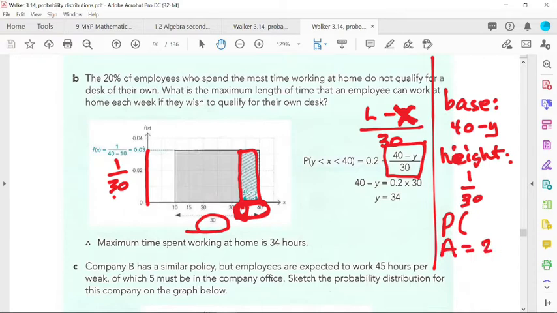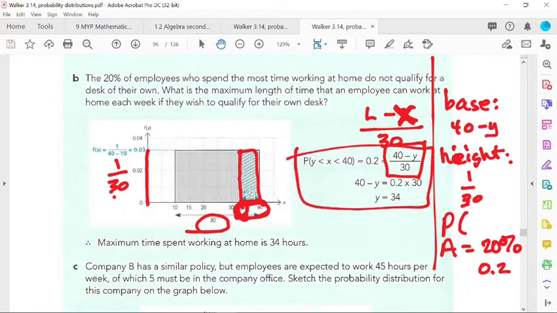So this time they gave us the area of 20%, which we will change to 0.2. From that, we can now form an equation. They've done it in a funky way because they put the probability statement in it, but just think about what the equation is. Probability is the same as area, because the area is probability. So area equals base times height.